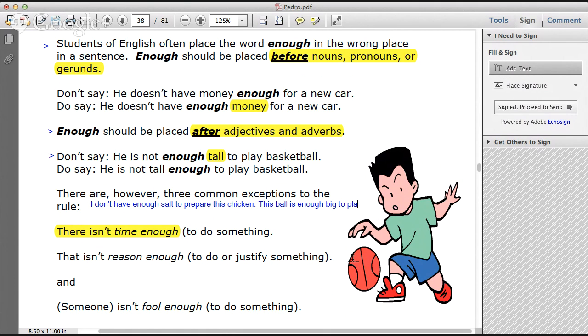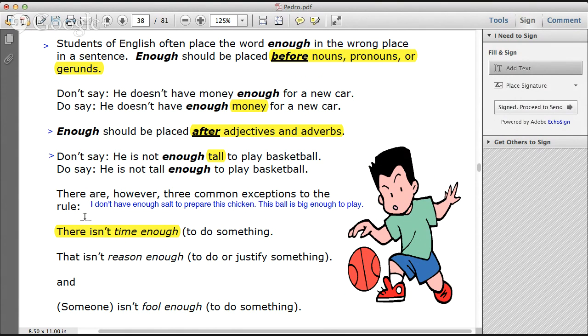Okay, so we want to say this ball is big enough. Instead of saying enough big, it is big enough to play. Does that make sense? Yes. All right, very good.